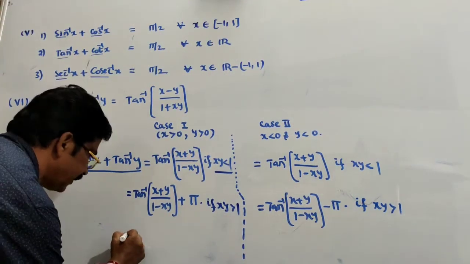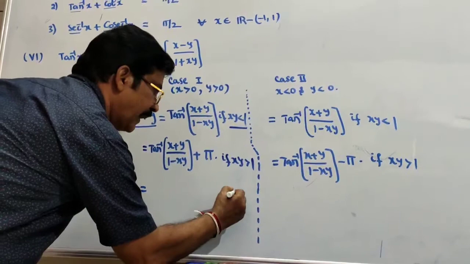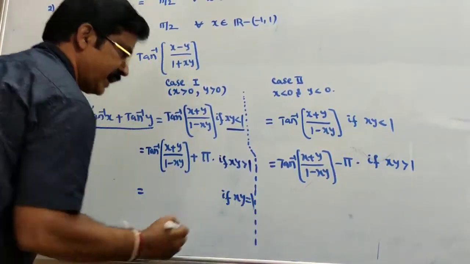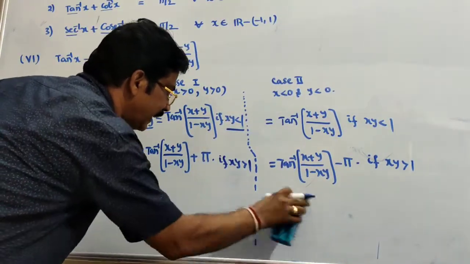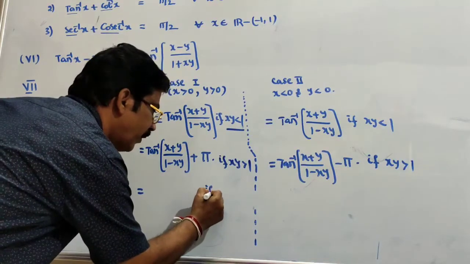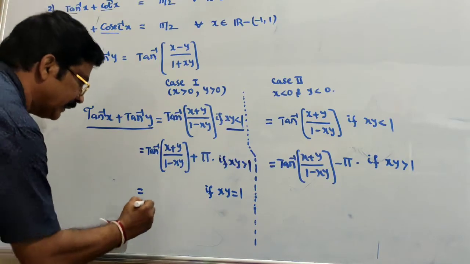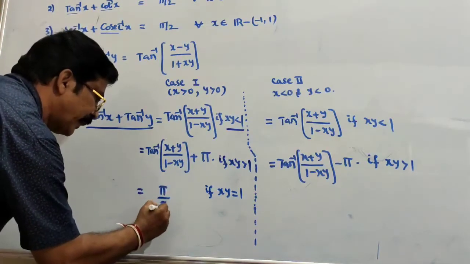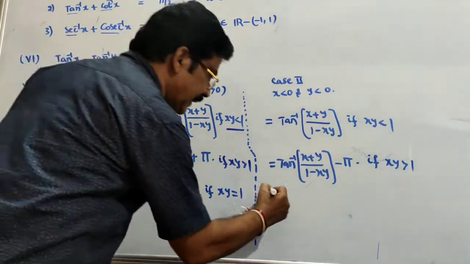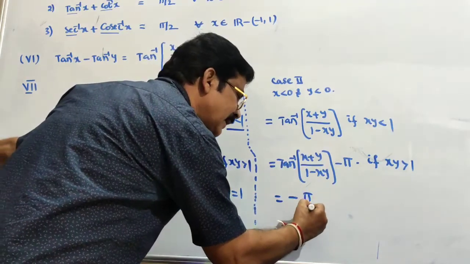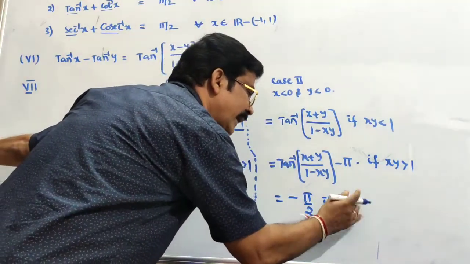Next, last case, if xy is equal to 1, its value is plus pi by 2, here minus pi by 2.